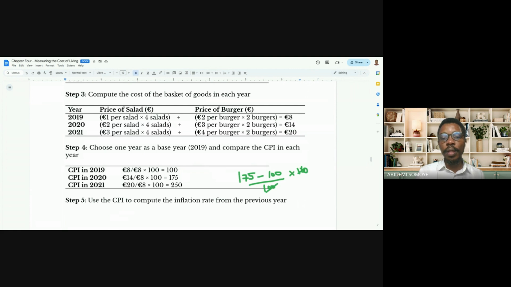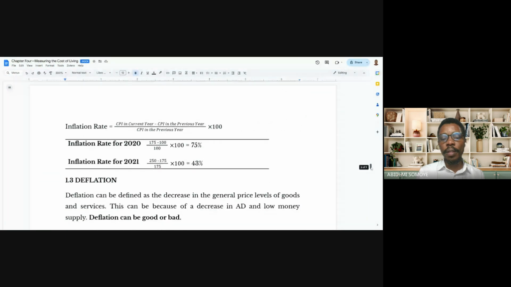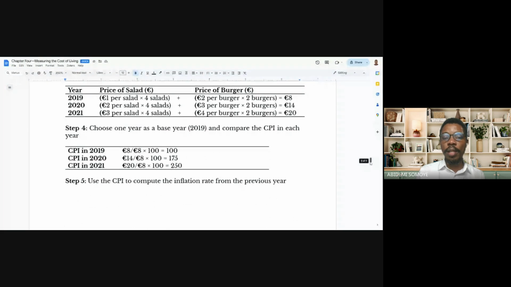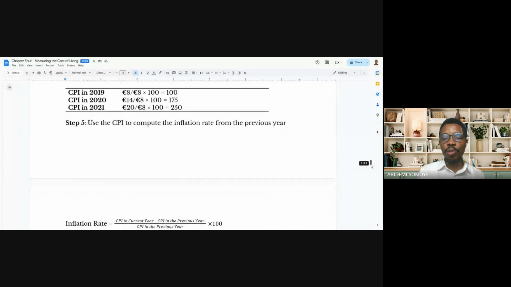We're going to do the same thing for 2021: 250 minus 175, divided by 175, times 100, which is 43%. So the prices of goods and services increased by 75% from 2019 to 2020, and increased by 43% from 2020 to 2021.